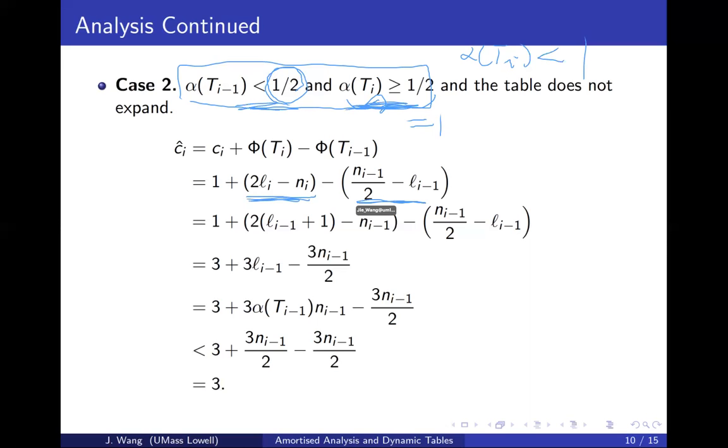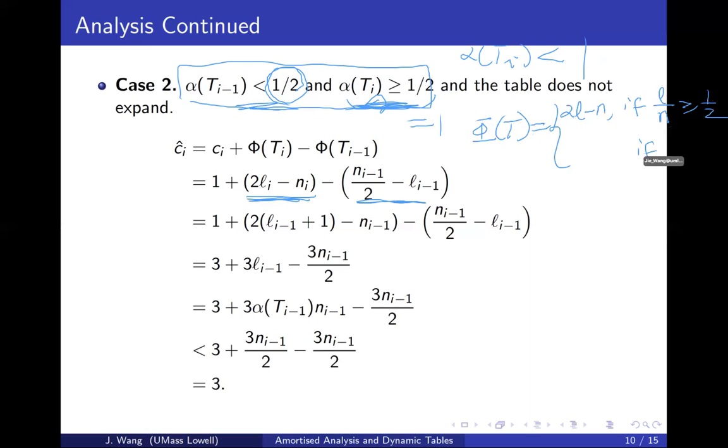let me write this down here. Phi of T is equal to 2L minus N if L over N, or alpha of T, is greater than 1/2.